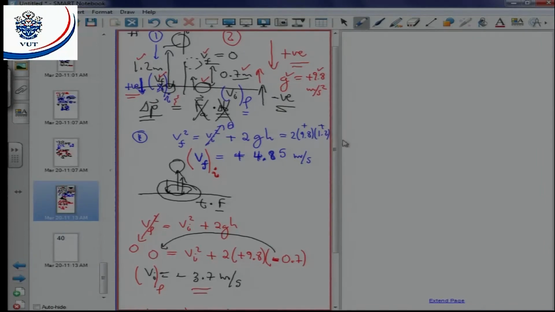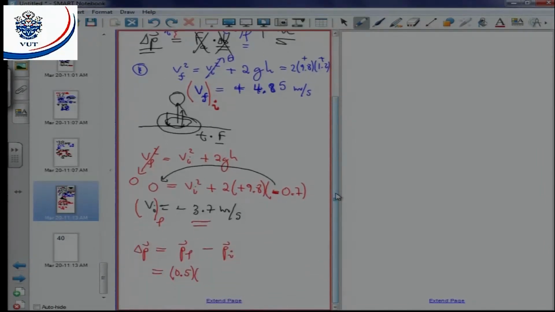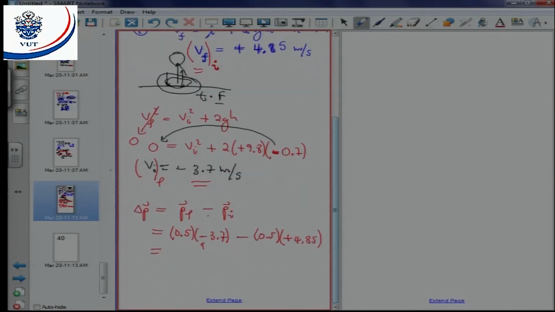We have negative 3.7, and the sign is important because it's a vector. Then we have the minus from the equation, and the mass is still 0.5, and now the speed is the initial, which was a plus, so plus 4.85. So then what is our final answer?